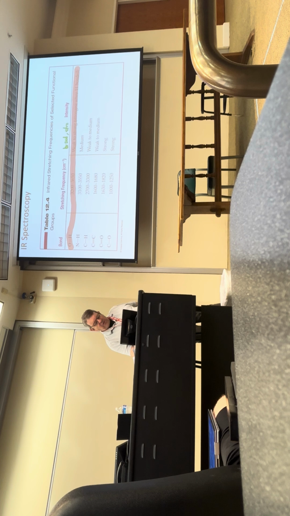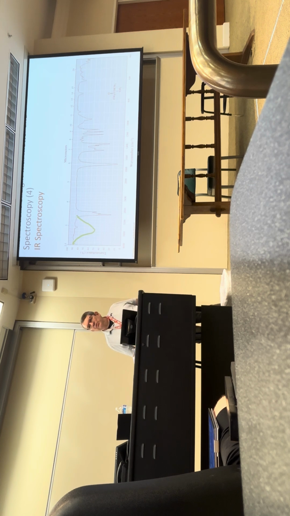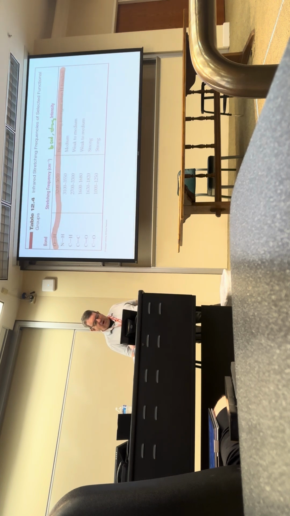This says strong to weak to strong, but I'm not going to give you anything that has sort of a puny OH peak. This is usually something that just looks huge. If you had an OH group here, it would tend to look something like that, or even larger. It's very hard to miss it. So OH will be one group.